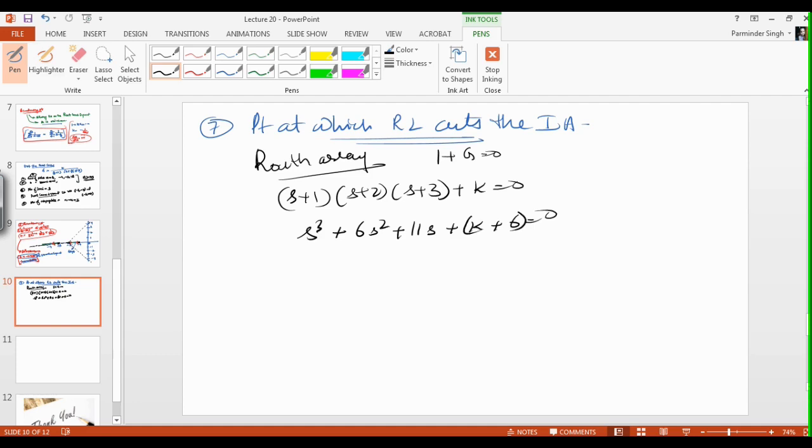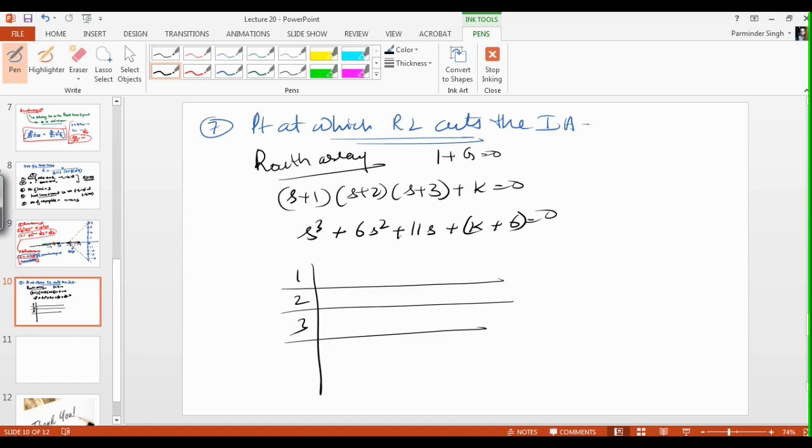This is our characteristic equation. We'll prepare an array. The highest power is 3, so the array should have 4 rows. From this array we're going to find the value of k. So let's say this is 1, this is 11, this is 6, this is k plus 6. This will be (66 minus (k plus 6)) by 6, and this is k plus 6.